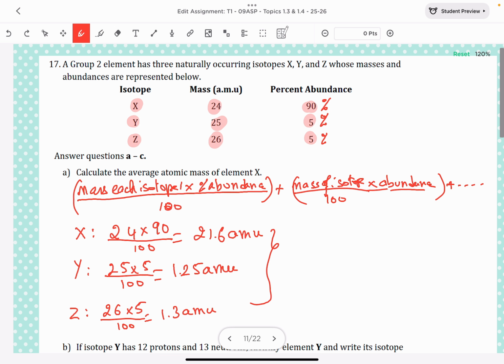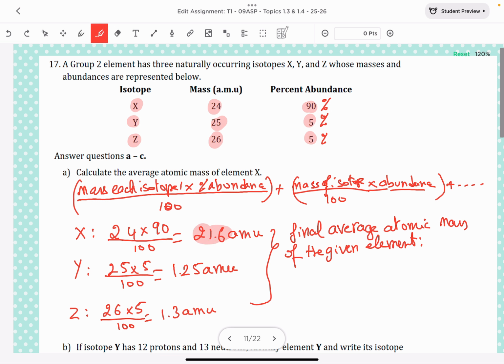Now, finding the final average atomic mass of this group 2 element will be 21.6 plus 1.25 plus 1.30.